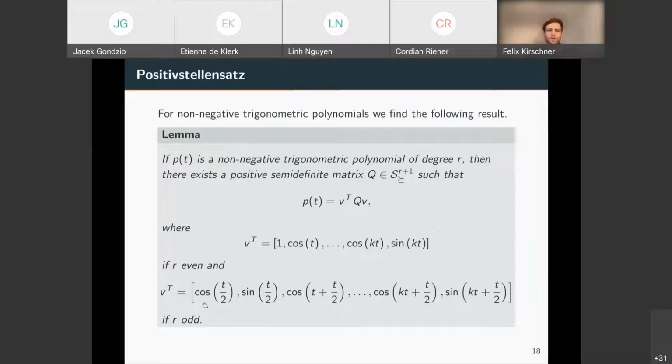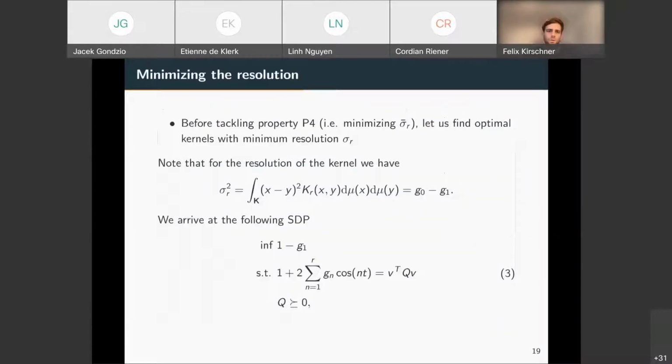Okay, so can we use this? Yes, because this already gives us a way to construct kernels in the univariate case by simply solving a semidefinite program. Before minimizing sigma_R bar, we will try to find kernels with minimum resolution, which was sigma_R, and sigma_R squared is simply this integral here. Again, using the orthogonality relations, we can calculate this.